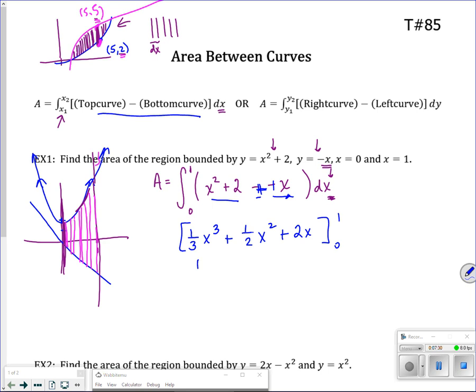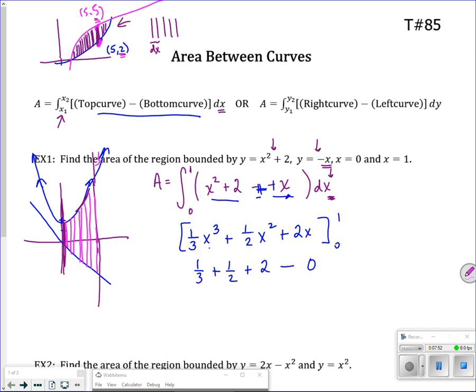And so plugging in the 1, I have 1/3 plus 1/2 plus 2 minus, now I'm going to think about plugging in 0. The nice thing with this one is if I plug in 0, I actually get 0. So I don't have anything to subtract there. So all I have to do is add up those things.